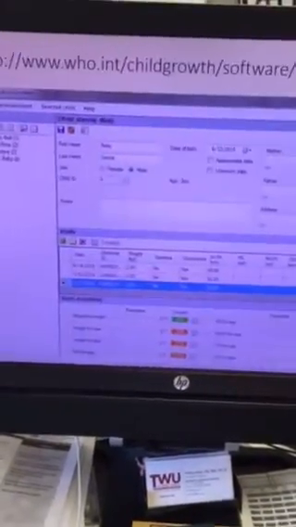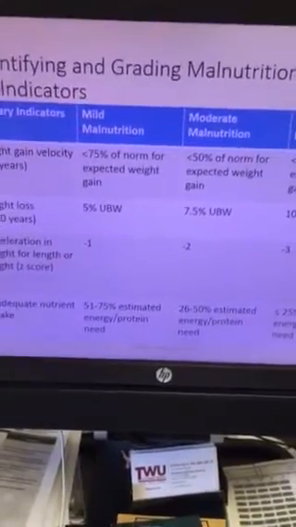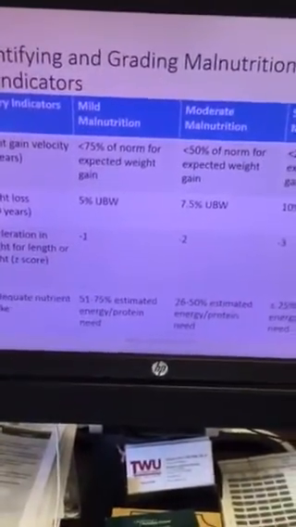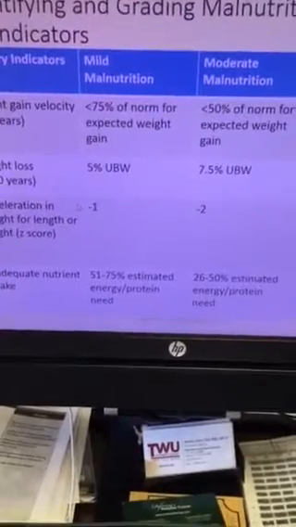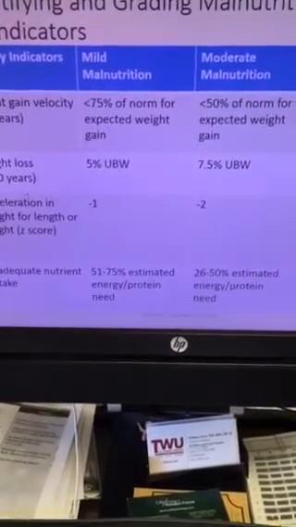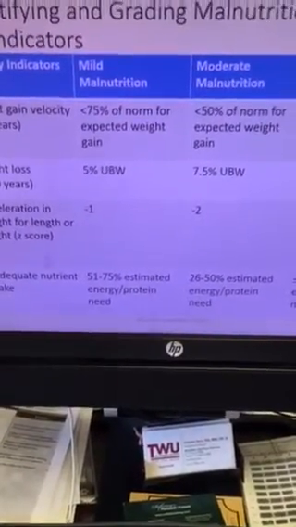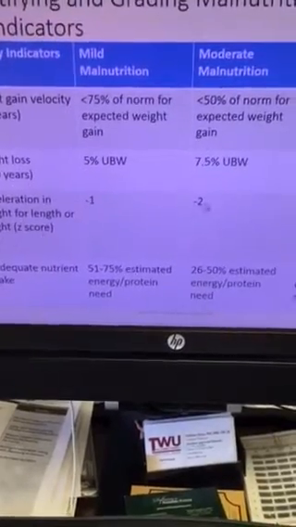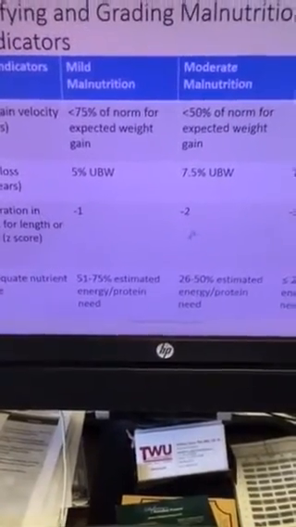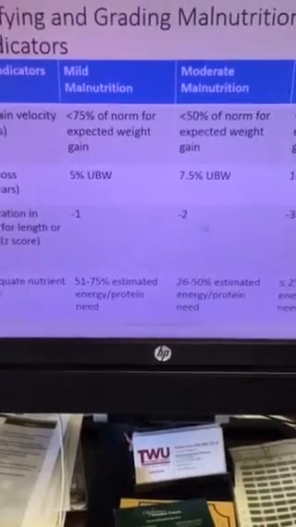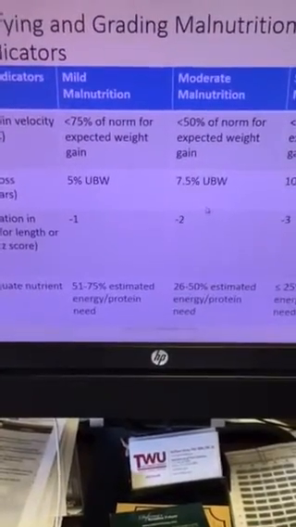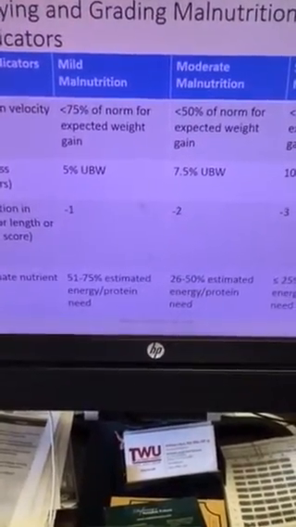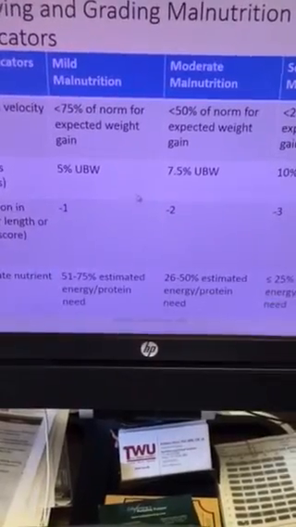Now we have more than those indicators with him, so if we look at the 2 indicator score, we find that he both has had a deceleration in weight for length or height z-score, or we expect that we would. That's pretty significant. I don't know absolutely without having his birth length. And we're guessing that his nutrient intake has been inadequate.